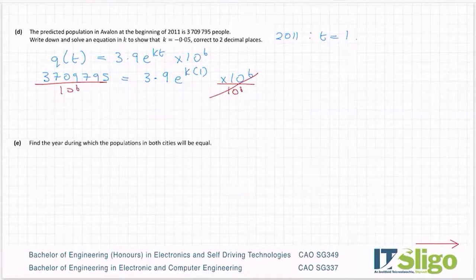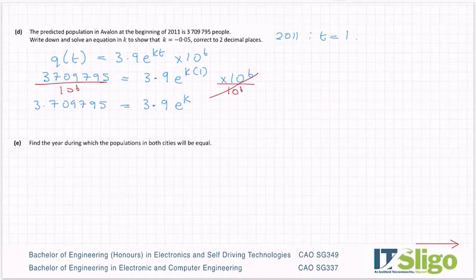So I have 3709795 over 10 to the power of 6, and it moves the decimal point back: 3.709795. There's always a decimal point after a number, but 1, 2, 3, 4, 5, 6. So 3.7. You can do it on your calculator, or you can do it there if you know your scientific notation.